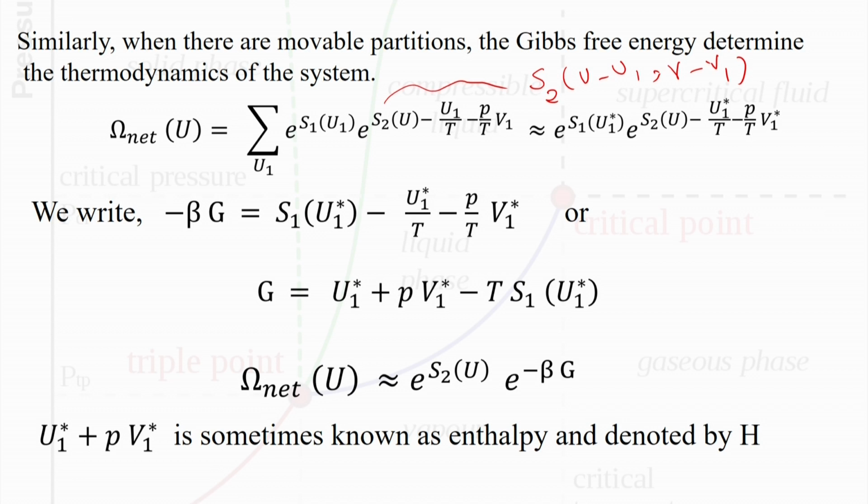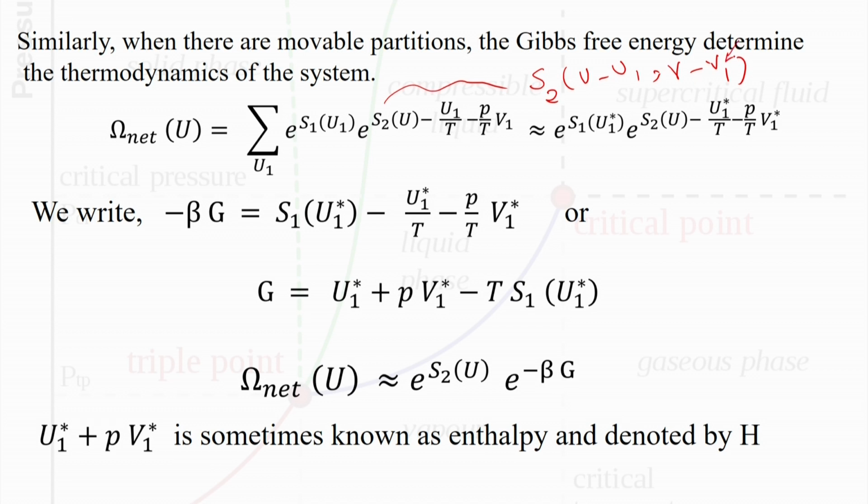It also depends on the volume of the reservoir, which is V2, and V2 is the difference between the total volume of the combined system and reservoir, which is fixed, and the volume of the system, which is V1, which fluctuates.